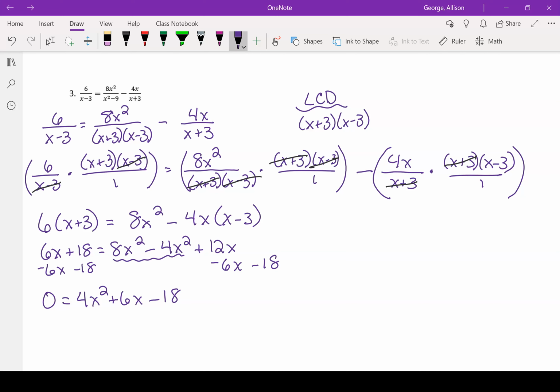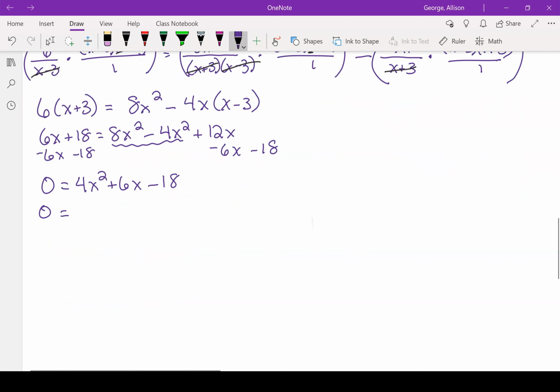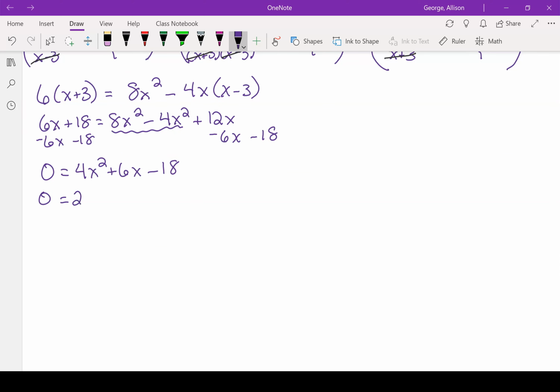First thing I would do is take out a GCF because 2 goes into all of those. Now, looking at what's inside the parentheses, that's not something we can factor in our heads. So I'm going to go to box and X puzzle over here on the side.